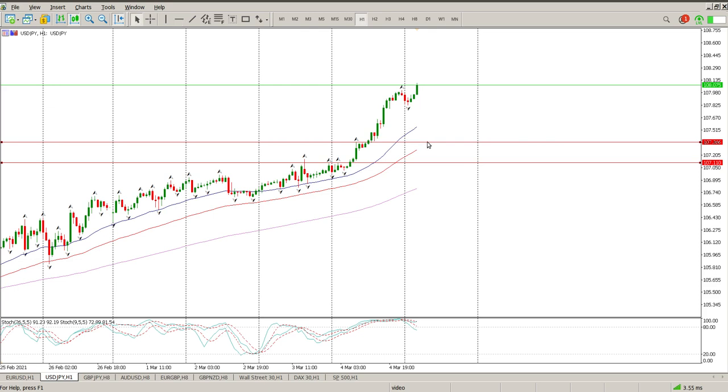Another micro level down here is at 107.366. Now, just a word of warning, with non-farm payrolls, you can have a massive spike down onto structure where the buyers step in and it moves up. So I'm of the opinion, and I often do this, to put a small position in at one of these major levels.